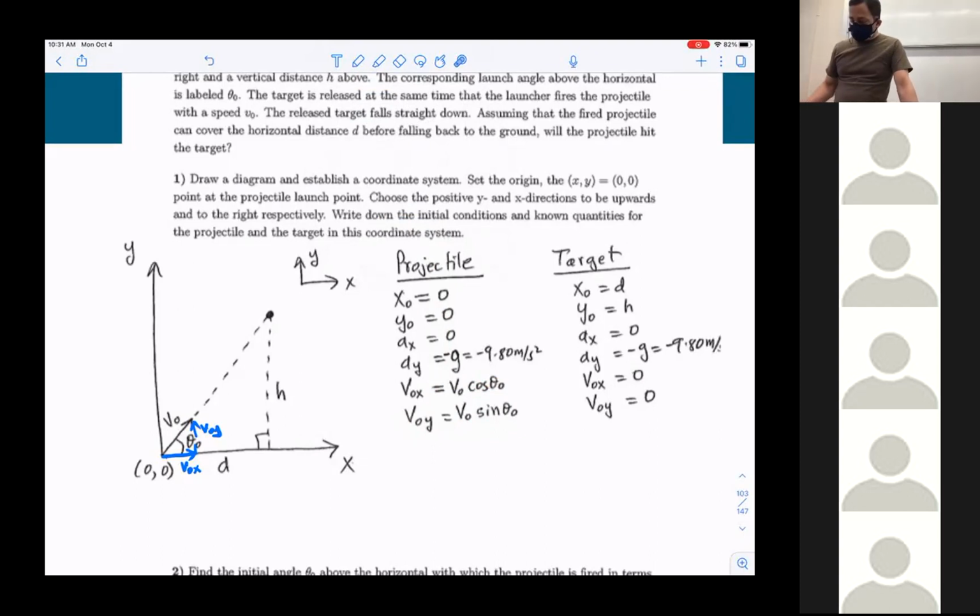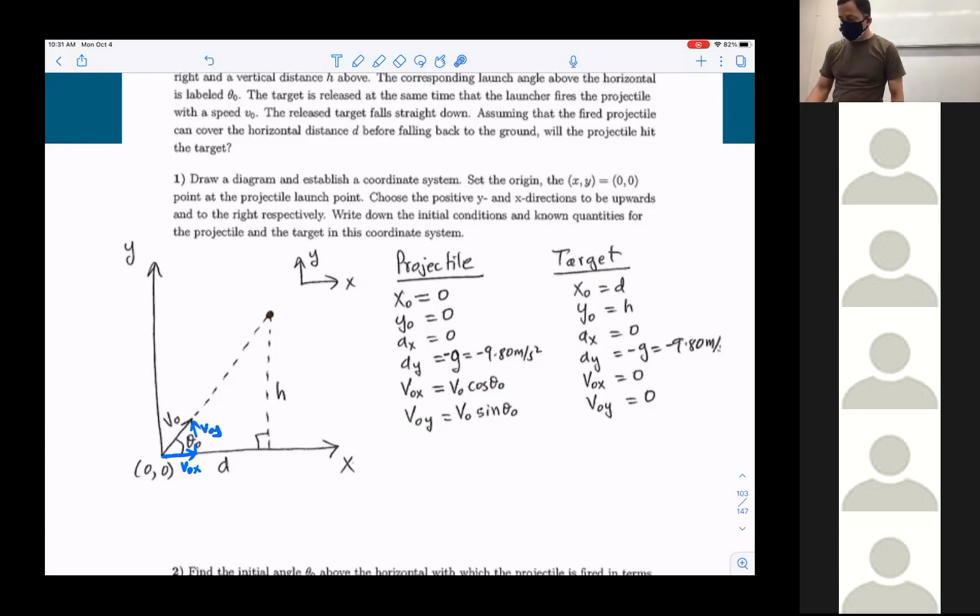What about for the target? Well, its initial x coordinate is actually d, because it's way out here. So its x naught is d. Its y naught, which is this height over here, is h. Notice in this case it's not 0, because it's at some location out here.